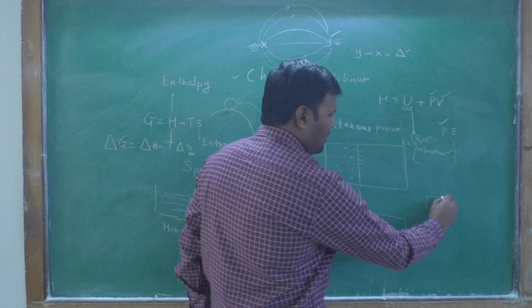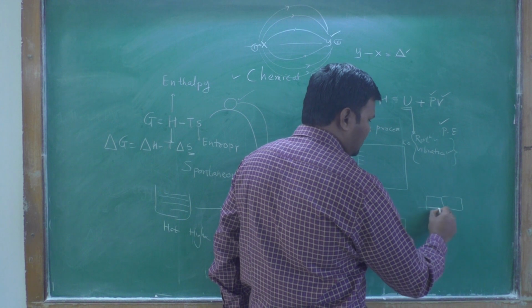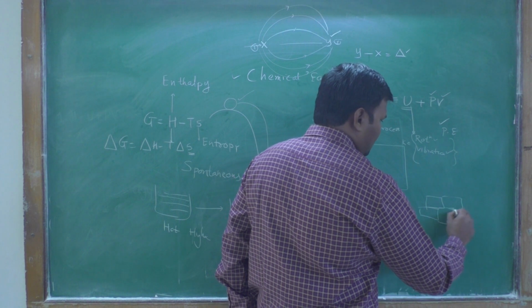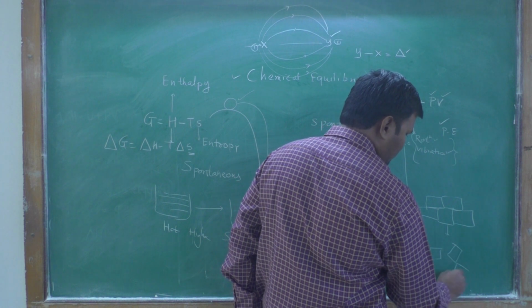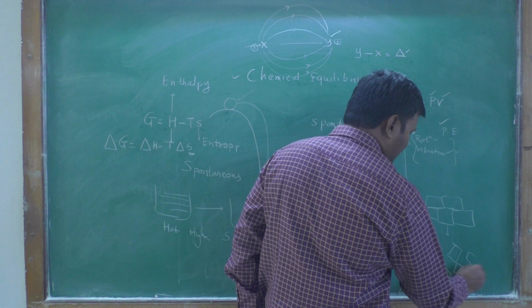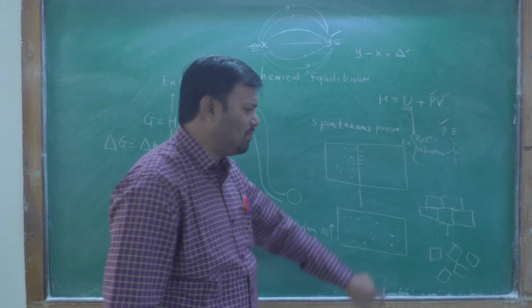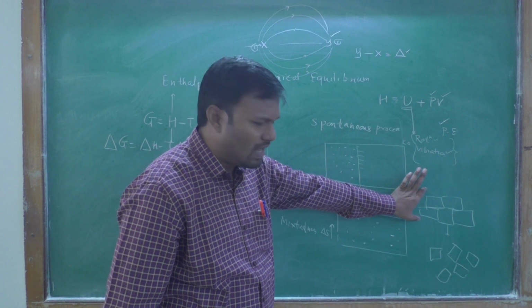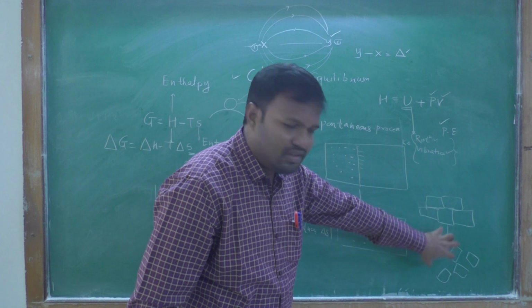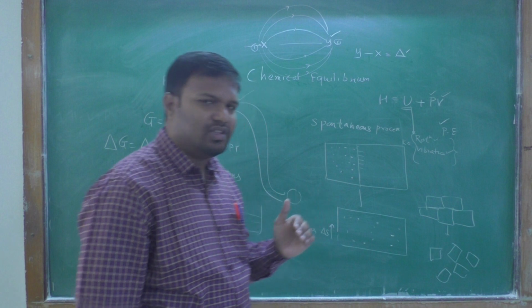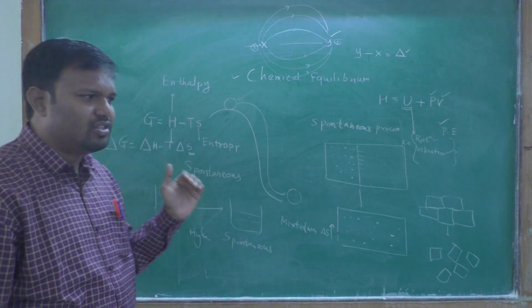If suppose molecules are there, and it changes its position like that. Okay, very good alignment you find in this case. When good alignment is there, the entropy is low. When there is disturbance, entropy is increased. If you see disturbance, it means entropy.